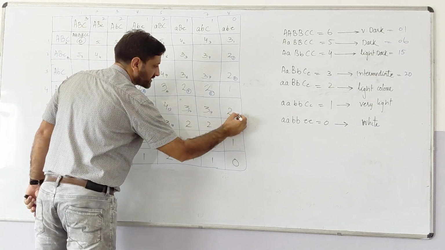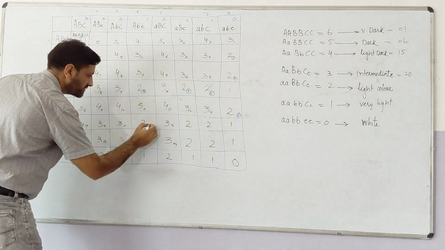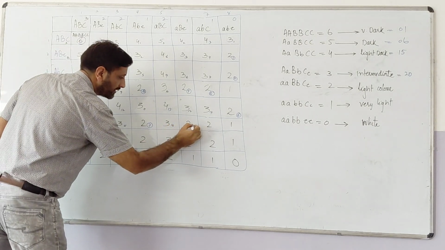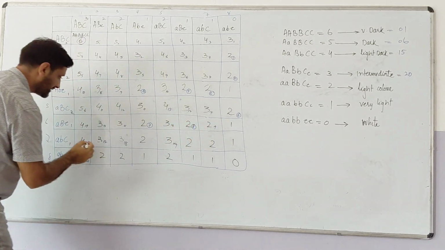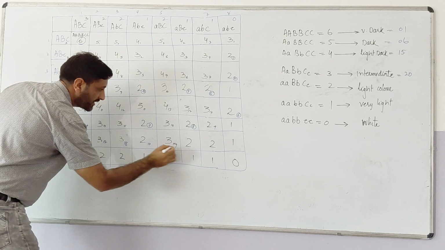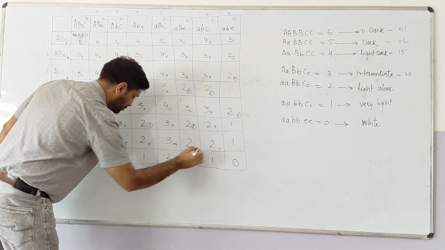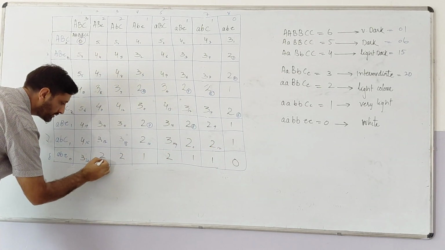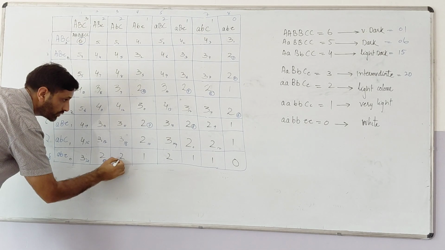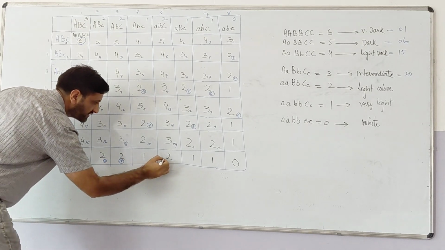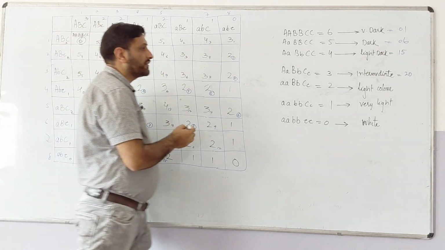This will be 6, this will be 7, 8, 9, 10, 11, 12, 13, 14 and this is 15. So this will be 15 here.